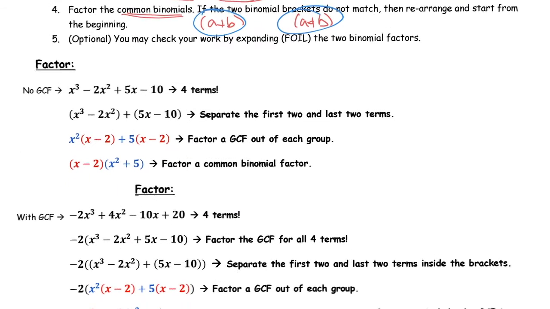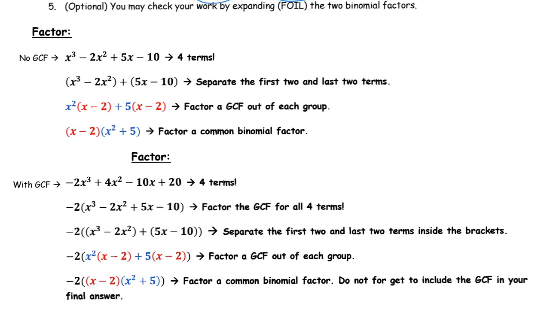So just so that you can see a couple of examples happening here. In this first one, we're going to factor x cubed minus 2x squared plus 5x minus 10. Now, we've got 4 terms. So that's my clue that we're going to do factoring by grouping. There's no greatest common factor to all 4 terms, so we're okay.